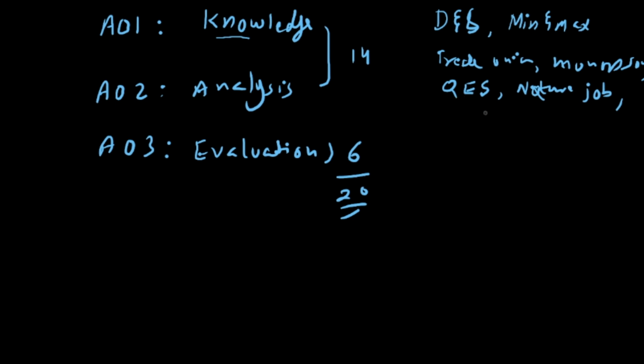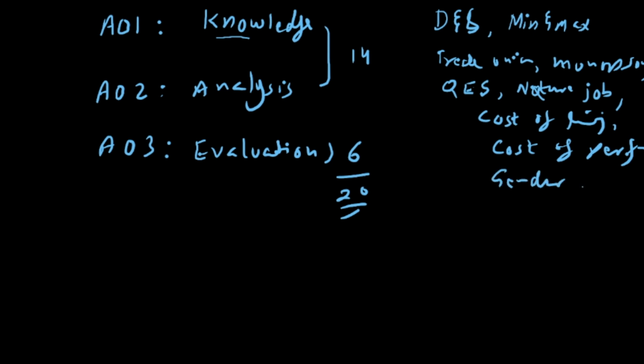And cost of living in the region is also an important factor. And definitely cost of performing the job is also an important factor. And there are some gender discriminations as well. We can find gender discriminations everywhere, whether the countries are developed or developing.